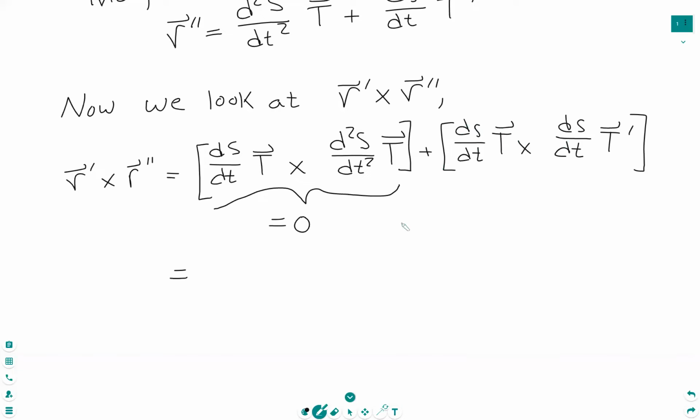But if it's out in front of two of them, we need to pull both out, which results in a (ds/dt) squared times the quantity T crossed with T prime.